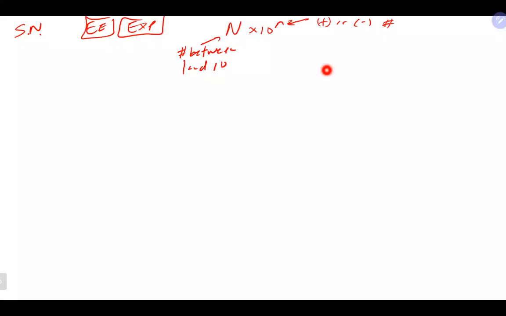In terms of significant figures, all the numbers before the times 10 part are always significant. So scientific notation is a way that if you need to give an answer to a proper number of significant figures, you could actually just write in scientific notation, and you could really control how many significant figures you put in that answer.